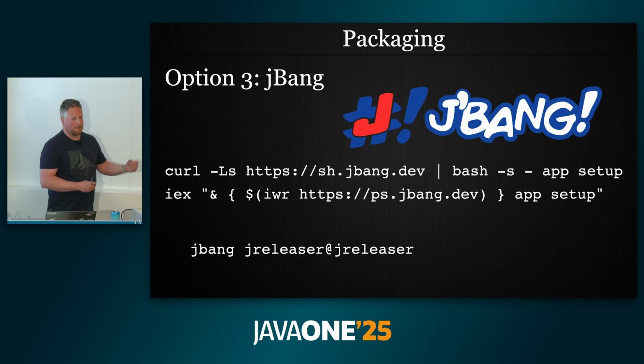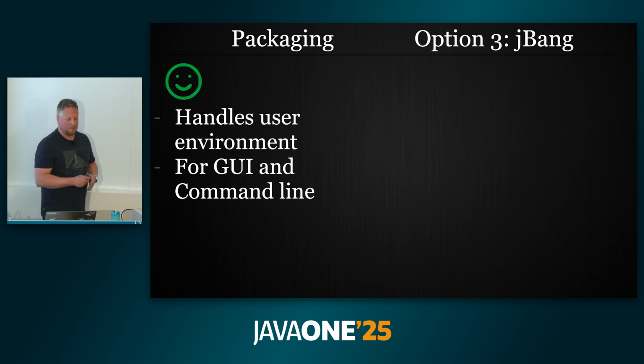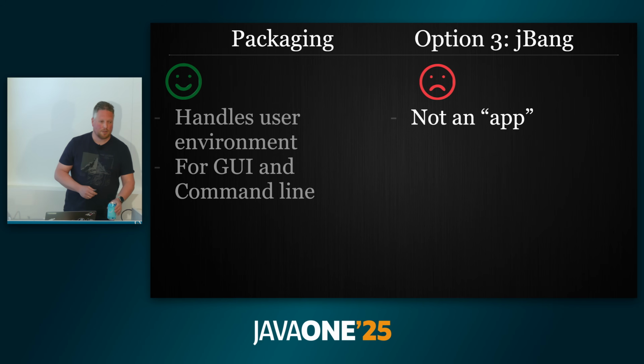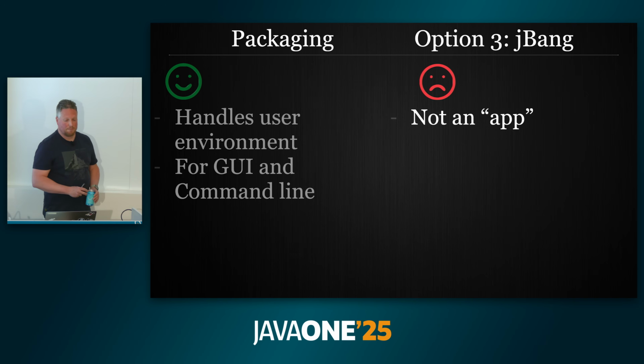So you publish to a catalog and then a user can easily run your application. So this is quite handy for handling the user environment because everything is set up correctly. It can run a GUI application or a command line application. Unfortunately, it is not really an application, because you always have to run JBang in front of your application. So, but it could be.